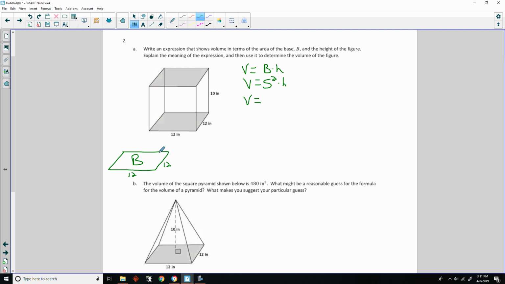Our sides are 12 inches, so that'd be 12 squared times the height, which is 10. 12 squared is 144 times 10. So the volume of this cube is 1,440 inches cubed.